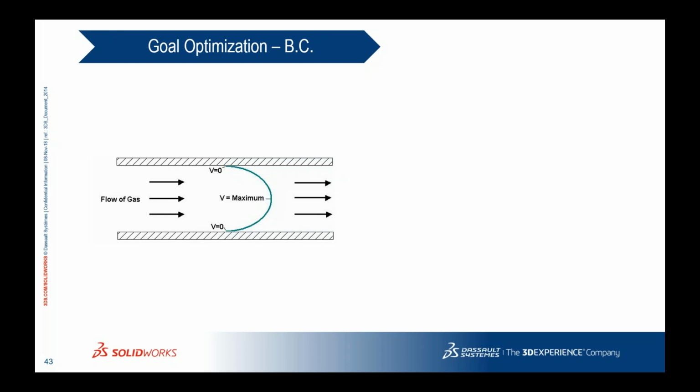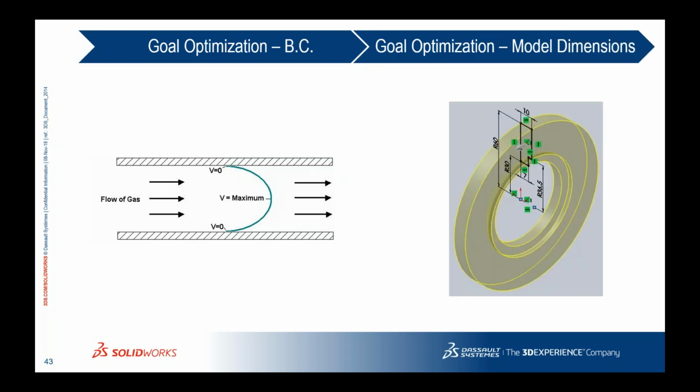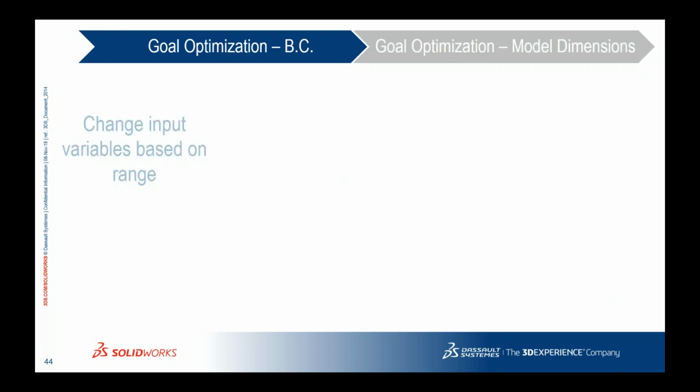So something like that. Also, we can use model dimensions to do that, and we can use more than one in the design of experiment approach in flow simulation. We will see both. So what is the starting point? The starting point is to change an input, a variable, a parameter, based on a range.